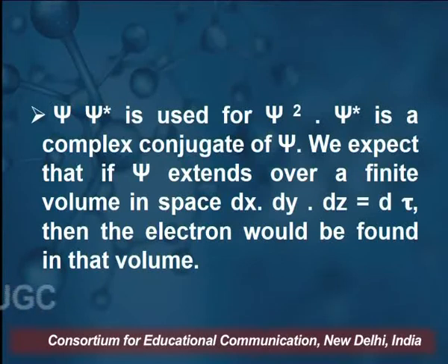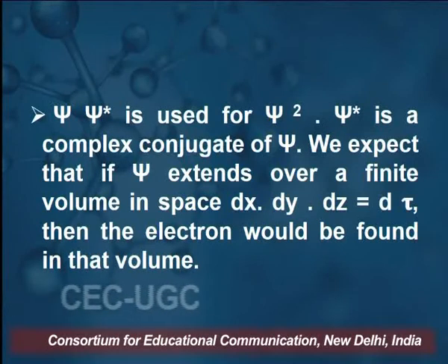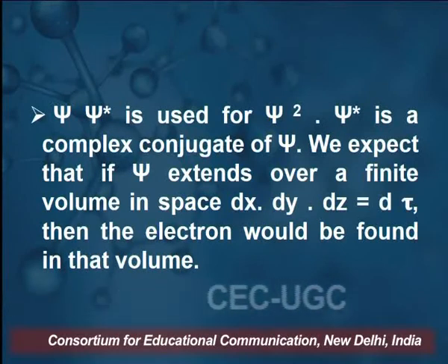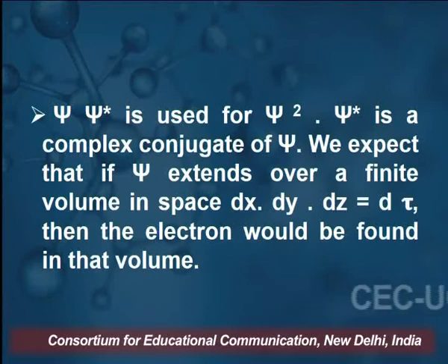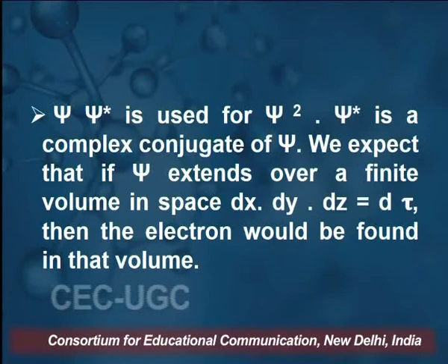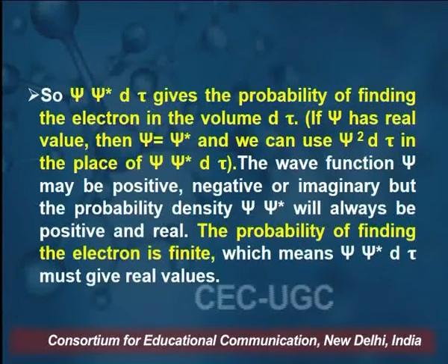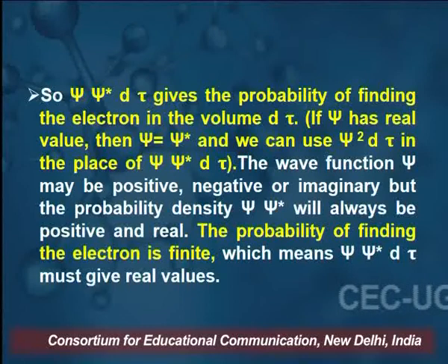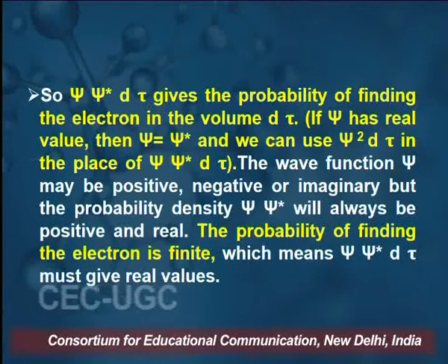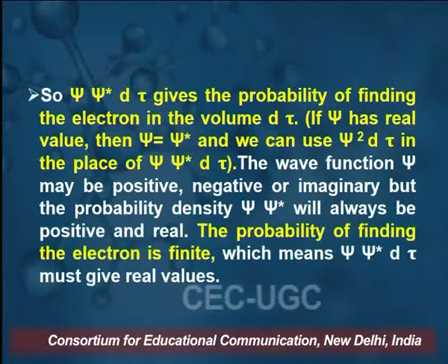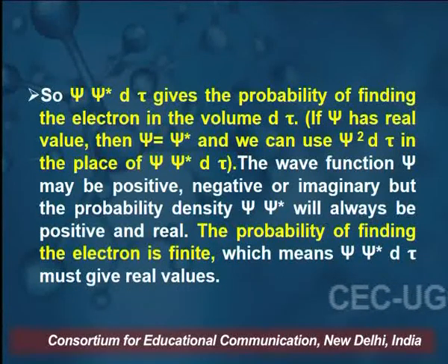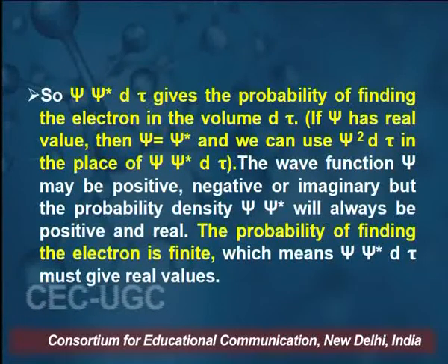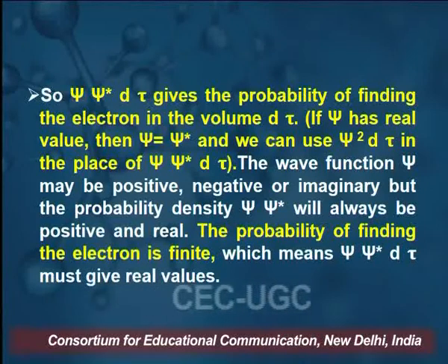We expect that if psi extends over a finite volume in space, that is dx dy dz is equal to d tau, then the electron would be found in that volume. So, psi square d tau gives the probability of finding the electron in the volume d tau. If psi has a real value, then psi is equal to psi star, and we can use psi square d tau in place of psi star psi d tau.